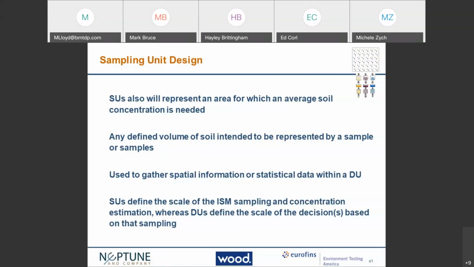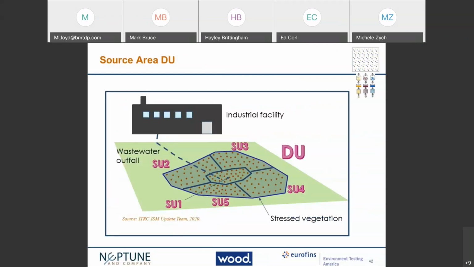However, in this case, the data derived from these isn't necessarily going to be used in a decision process. SUs can more appropriately determine an estimate for a certain area. They can help define smaller areas within a DU to make decisions. And I'm going to give you a couple of examples here momentarily to help understand this.